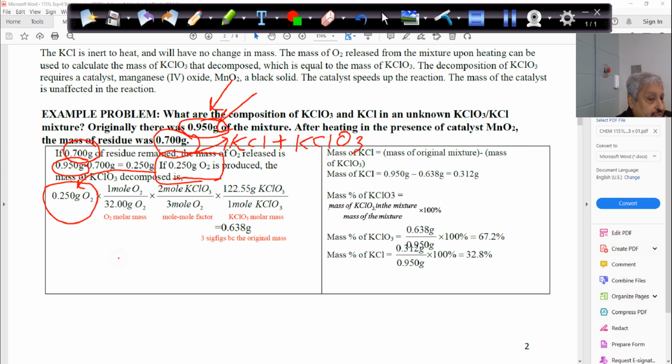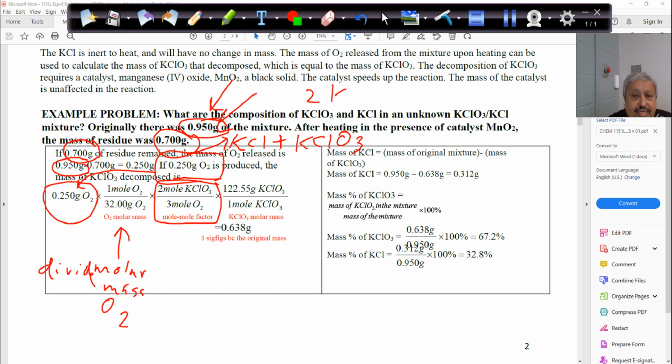This amount of oxygen can be used to calculate the flow rate. 0.25 grams, here you divide by the molar mass of oxygen. This one is from the equation. Remember the equation we did: 2 KClO3 gives us 2 KCl plus 3 O2, correct?